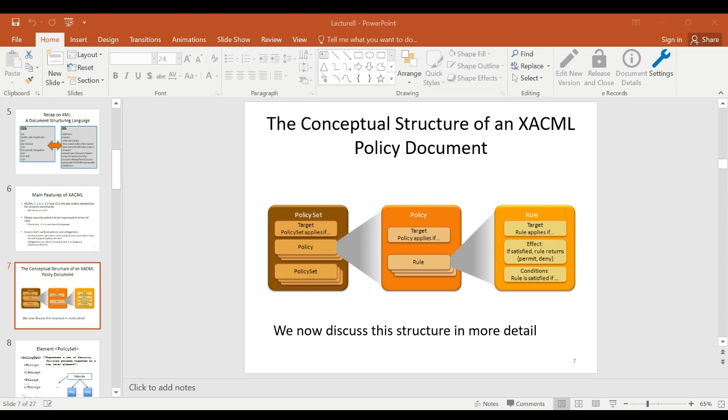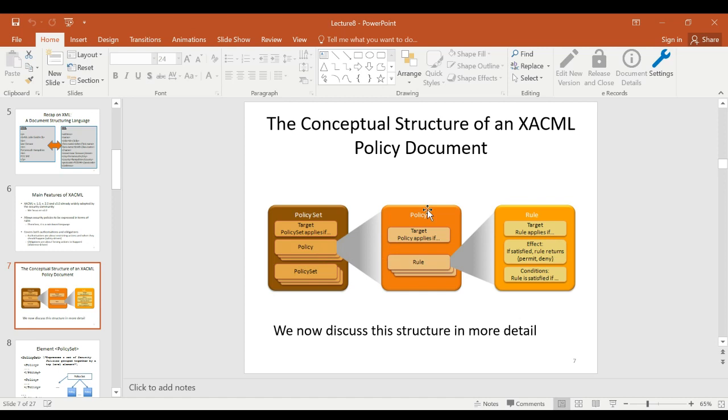In a similar way, even with XACML, we have that kind of nested structure, and this diagram explains what that nested structure is. You can think of it in a simple way as follows: each XACML document can start with a top-level attribute or tag which represents a policy set. Then a policy set contains within it a number of individual policies.